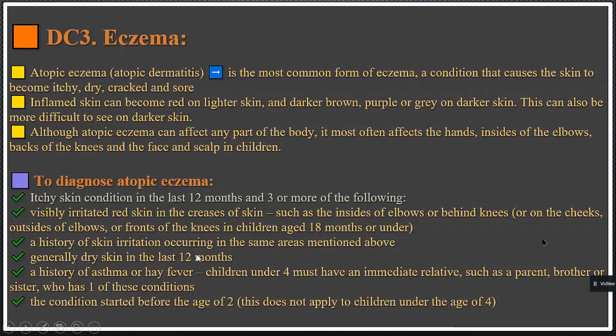Generally dry skin in the last 12 months. Again, history of asthma or hay fever. So if you find asthma or hay fever in the scenario, it supports the diagnosis. Children under 4 must have immediate relatives such as a parent, brother, or sister who has one of these conditions. So also family history. The condition started before the age of 2. This doesn't apply to children under the age of 4.